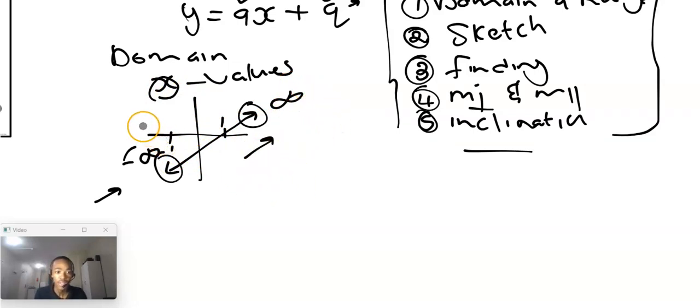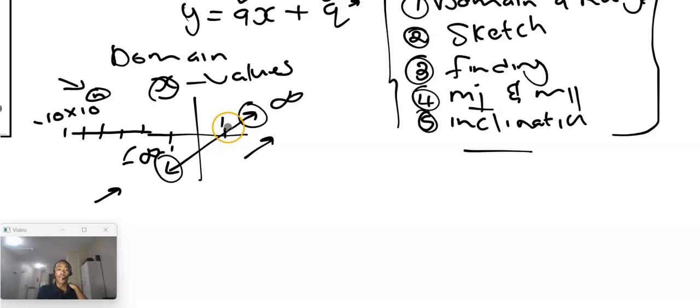So we're looking at x values that satisfy the graph, right? So in this case we notice that all these x values, they all satisfy the graph. Why? Because if I have negative, for instance, a million, or negative 10 times whatever value that you can put there, right, it will be on the graph, right? It will give you a number, so meaning it does satisfy the graph.